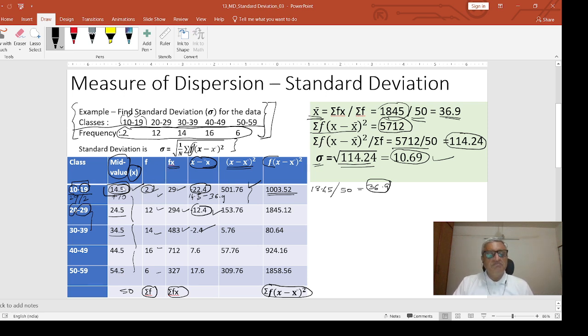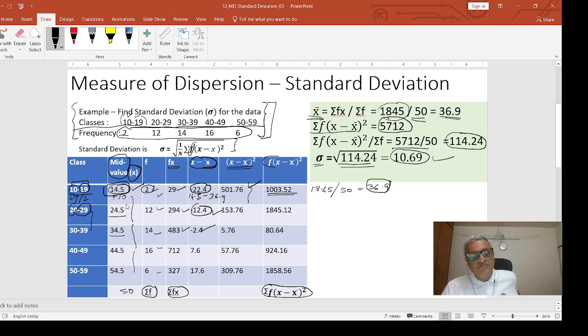There is one very important thing that you need to note, which is the difference between calculating standard deviation for normal observations and calculating standard deviation for a frequency table. Frequency has to be considered.